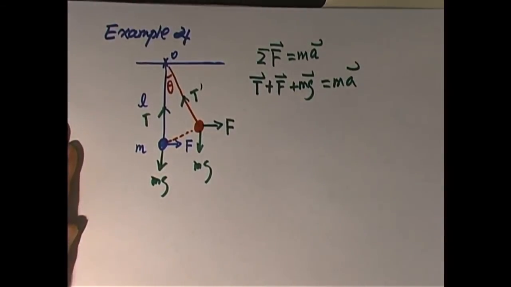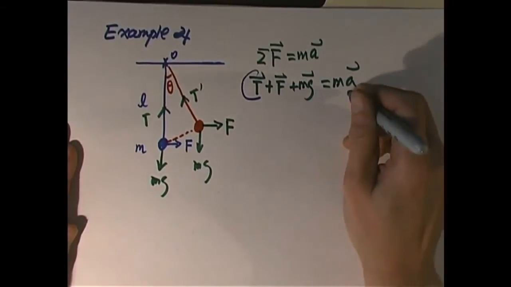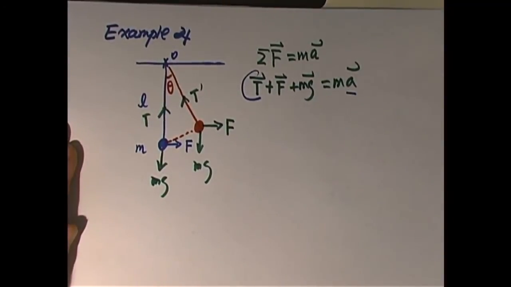Now, if this tension T changes direction or even magnitude, then the summation of the three forces will not be a constant vector, and then your acceleration is not a constant. When acceleration is not constant, we cannot use the equations from chapter 2, which is v final squared minus v initial squared equals 2a delta s, that sort of equation. We cannot use it at all. So what do we do?